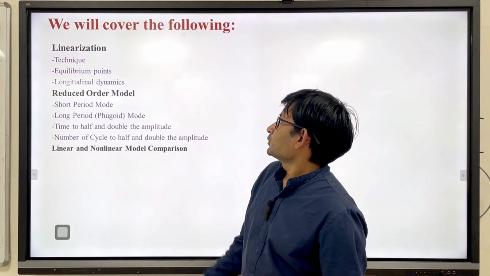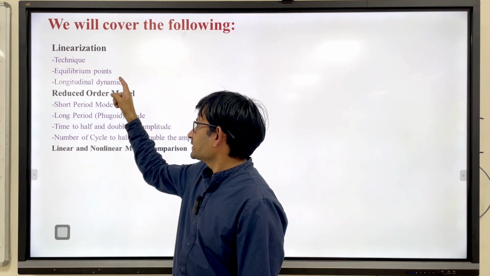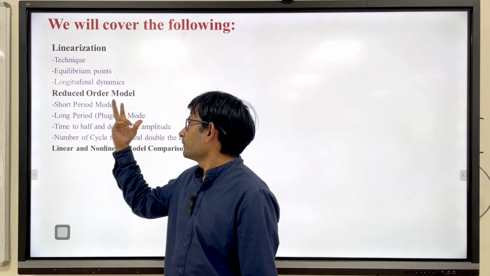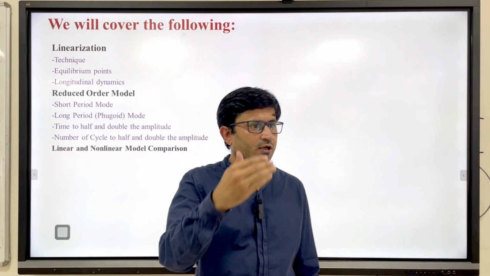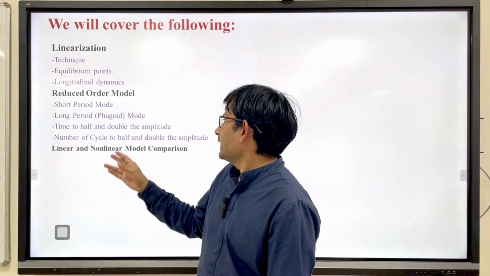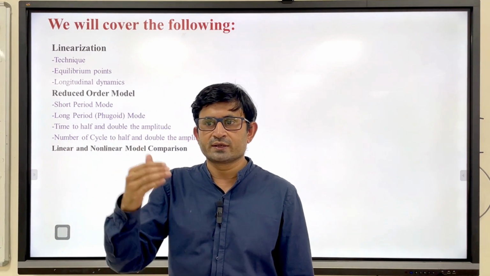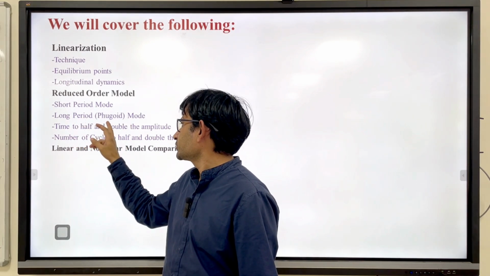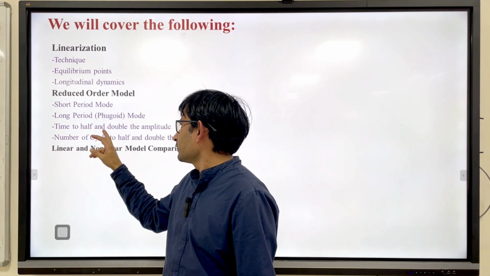In this class we will first cover linearization. What are the techniques for linearization? What do you mean by equilibrium point? Then we will consider the longitudinal dynamics and linearize, and we will see that in the longitudinal case you have two modes, one is the short period mode and the other is the long period mode.